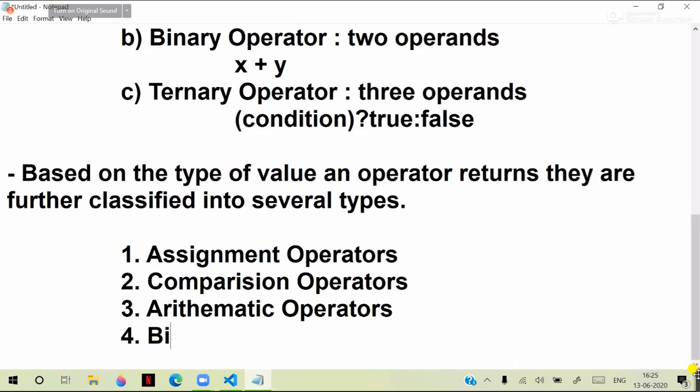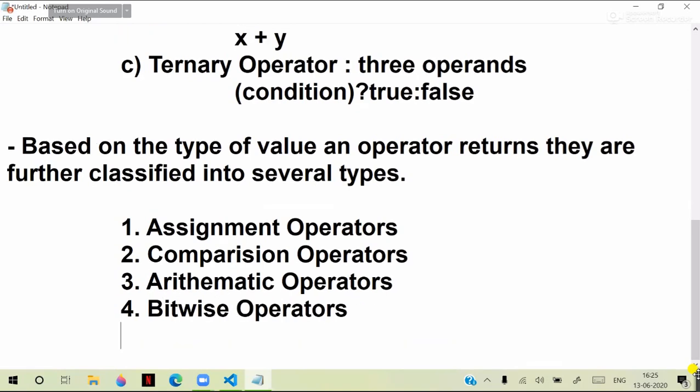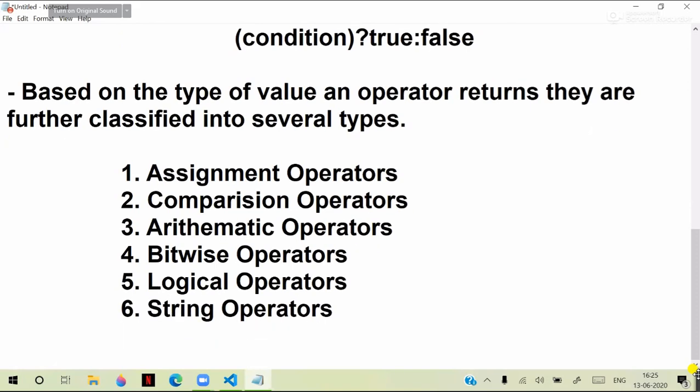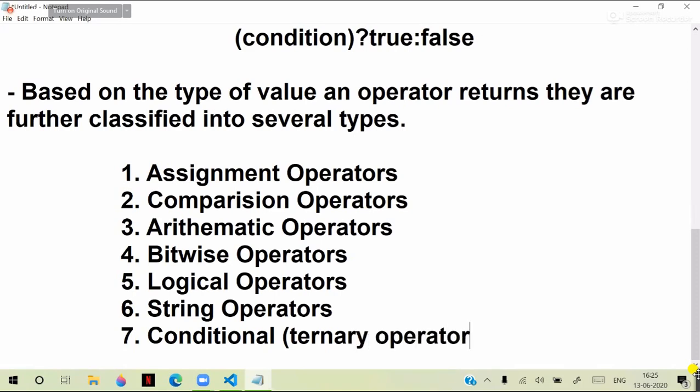So we have bitwise operators. We have logical operators. We call them string operators. We have ternary operators. So ternary, that is conditional, that is the ternary operator, right?